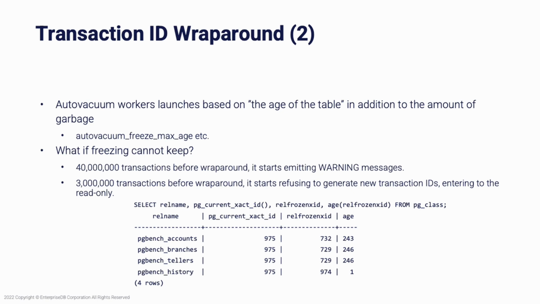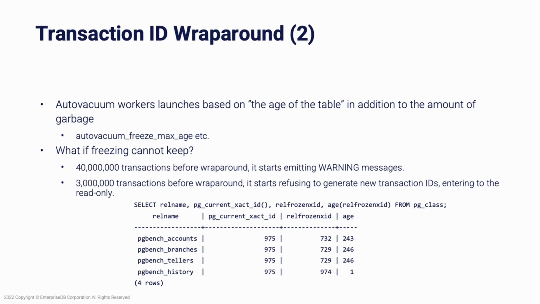You can check the age of the table by using the age function. relfrozenxid is an XID which means that all XIDs older than relfrozenxid in the table are completely frozen. The age function returns the distance between relfrozenxid and the current XID.